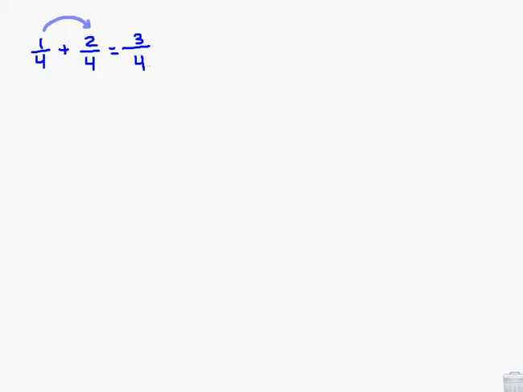Here's why. Let's suppose that we had a pizza, and that pizza was divided into 4 equal pieces. 1/4 plus 2/4 is equal to 3/4.